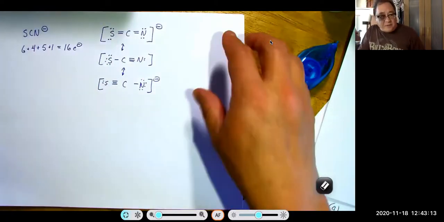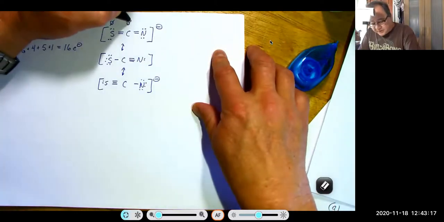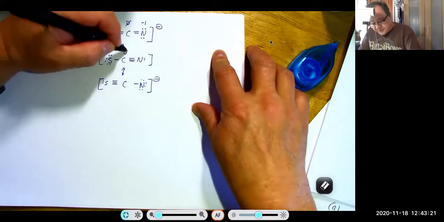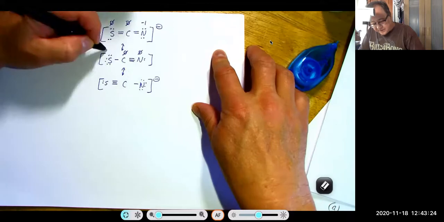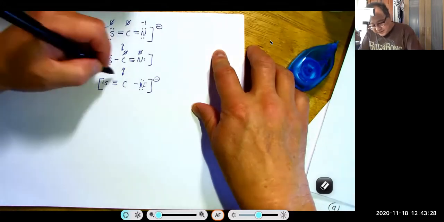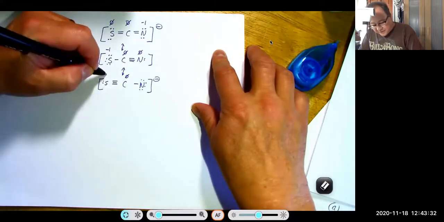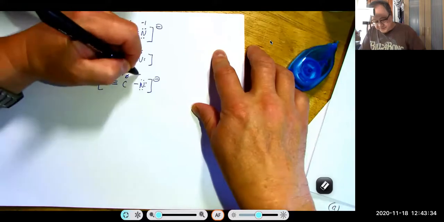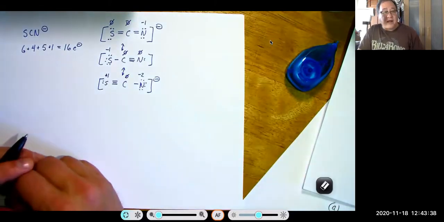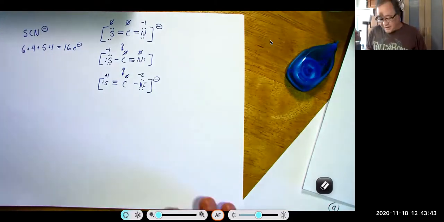Let's evaluate these by formal charge. Here it's a 0, here it's a 0, here it's a -1. Here it's a 0, here it's a 0, here it's a -1. And here it's a 0, here it's a +1, and here it's a -2. So if you look at these 3 resonance structures, are there any that we're going to say, no, nope, not going to happen?